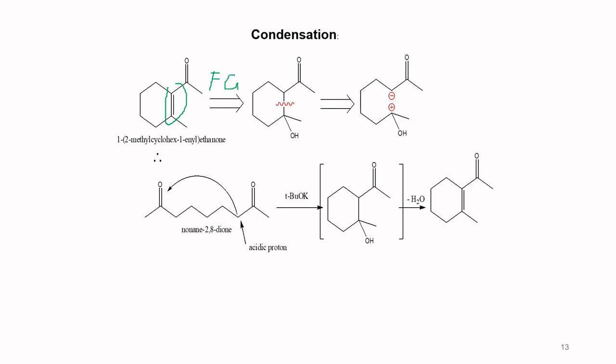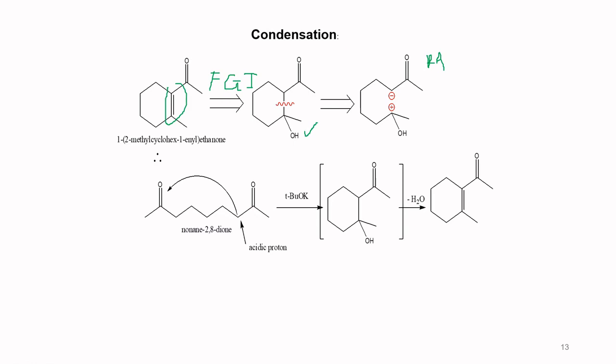So this will undergo a process known as FGI, and we will get the alcohol. Once we have the alcohol, we need to break this molecule into two synthons. In this case, this is the plus synthon and this is the minus synthon. This is the retrosynthetic analysis, and now the forward reaction.